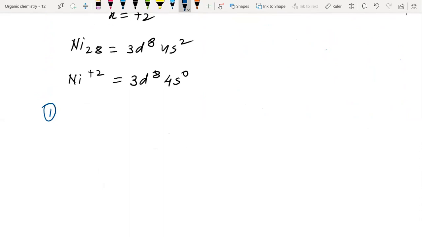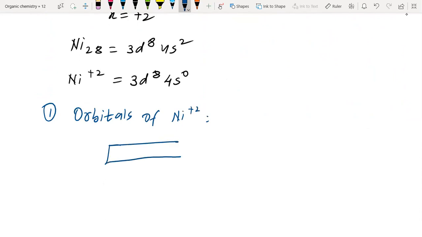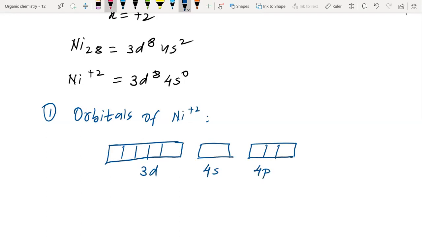Number 1, orbitals of Ni +2: 3d, 4s, 4p. So how many electrons are there? 8 electrons are there. So 1, 2, 3, 4, 5, 6, 7, 8.